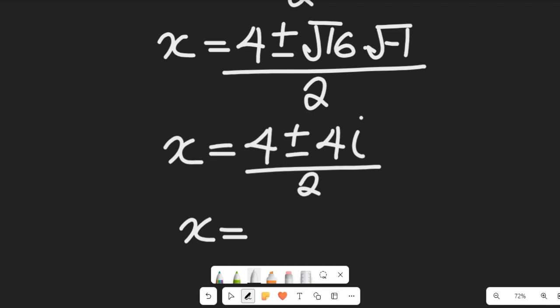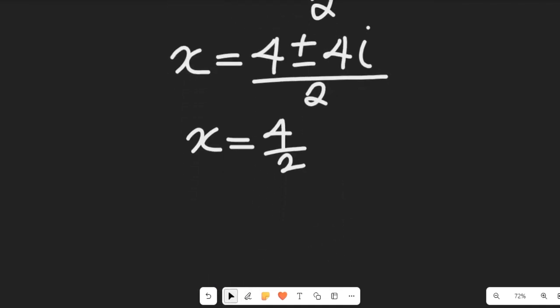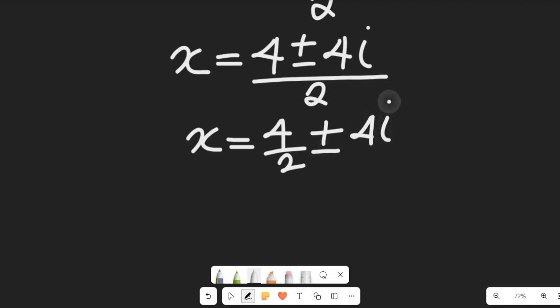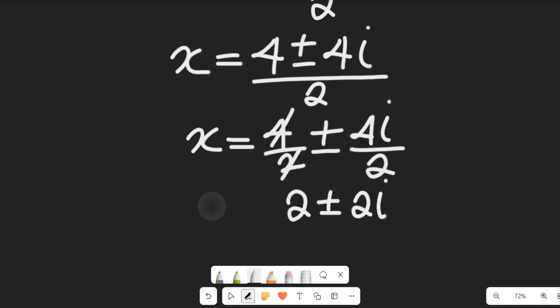This is equal to 4 plus or minus 4j, and that expression gives us 4 divided by 2 plus or minus 4j divided by 2, which gives us 2 plus or minus 2j. So our x will be equal to that.